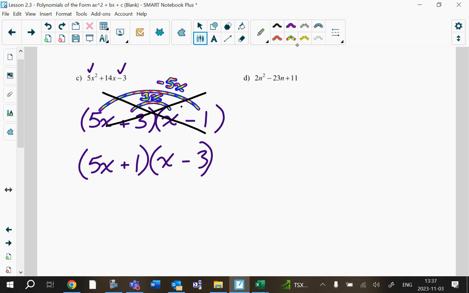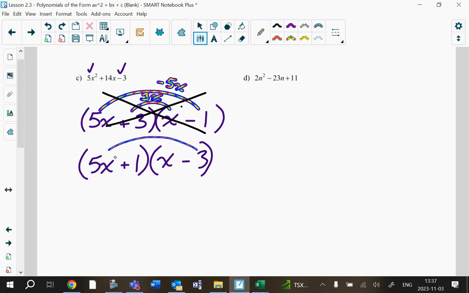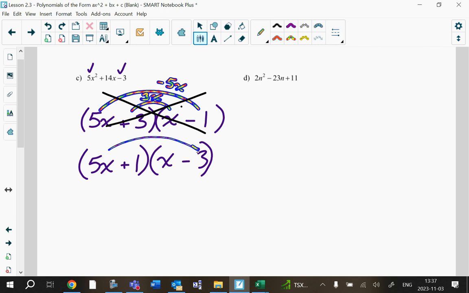This time I get my, whoa, hello. That's a little aggressive. No, that's mildly assertive. That's a little better. That gives me -15x. That gives me +1x. What does that give me? Oh, but I need positive 14.